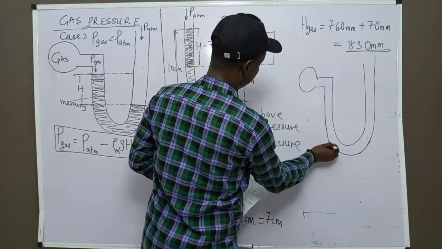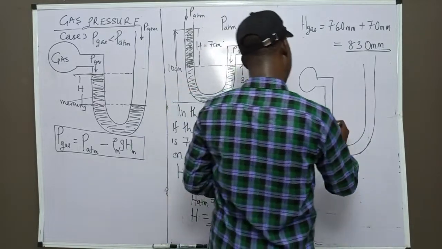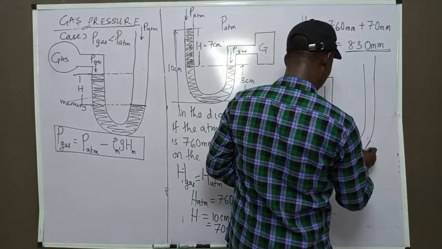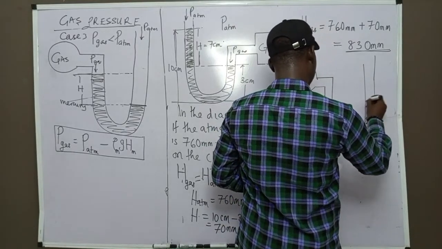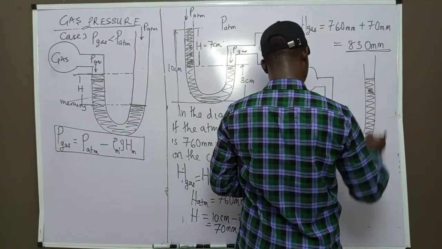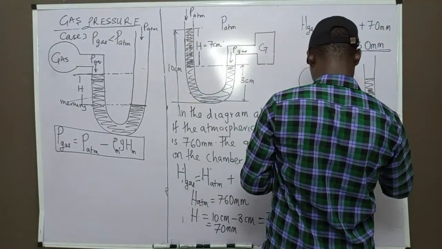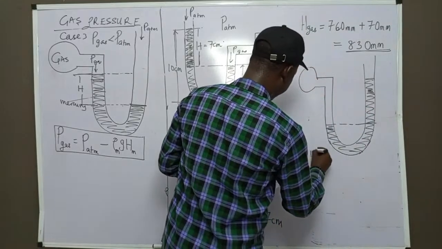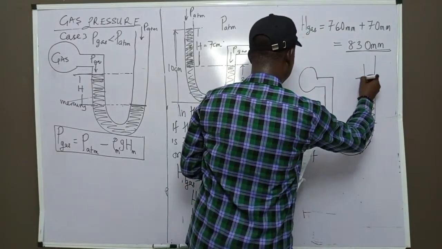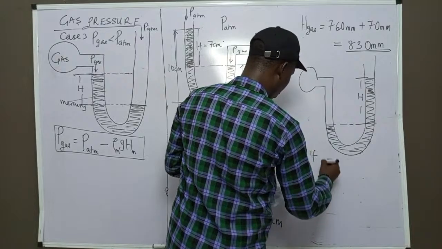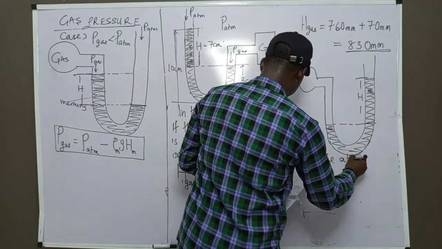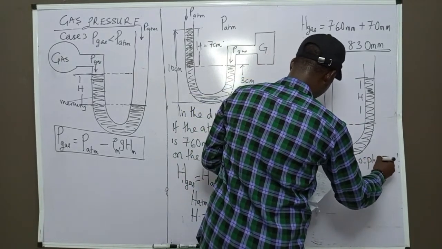It's a rough sketch. Now, let's assume that this place, according to this question, look at it. They gave us here as h, and the atmospheric pressure is question 2.